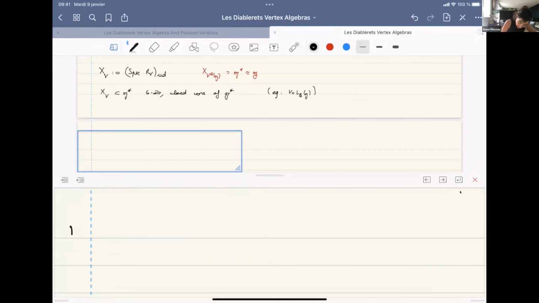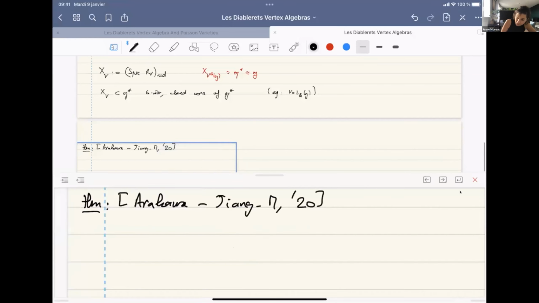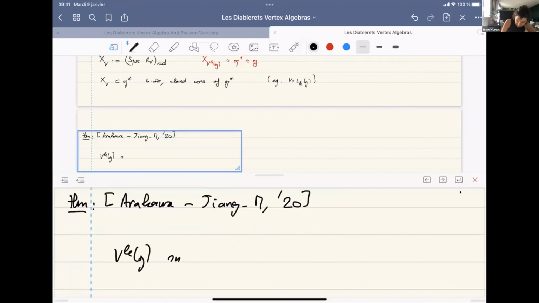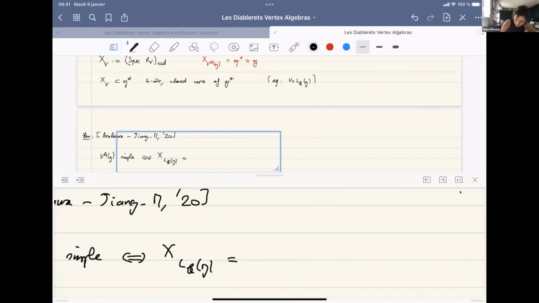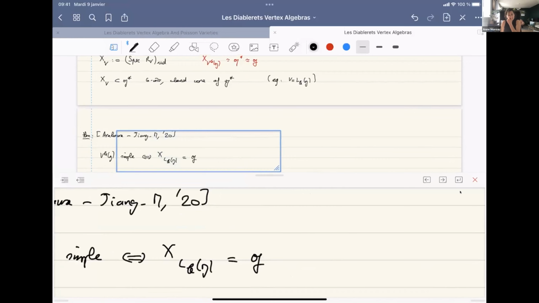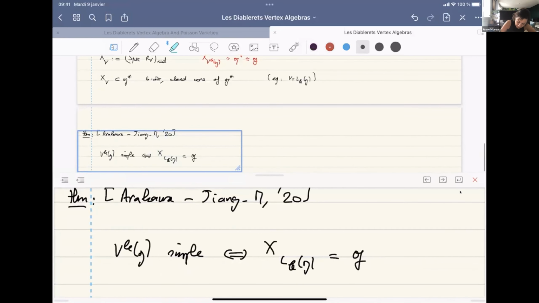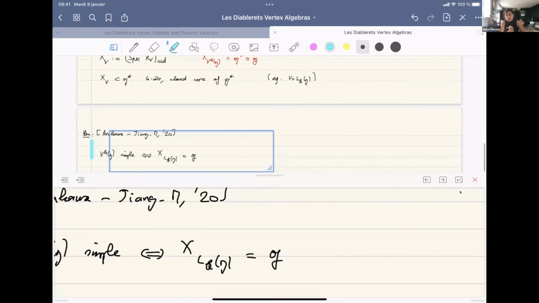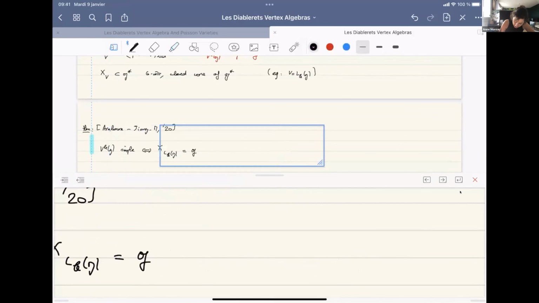And with Chuipo Yang and Tomoyuki Arakawa, we have a more precise statement about this, which says the following: that V^k(G) is simple if and only if the associated variety of the simple quotient is the whole dual algebra. So the direct implication is clear, but what is less trivial is the other direction. And so this gives a geometrical characterization of the simplicity. So in particular, you see that if k, for instance, is not rational, this variety is not contained in the nilpotent cone.